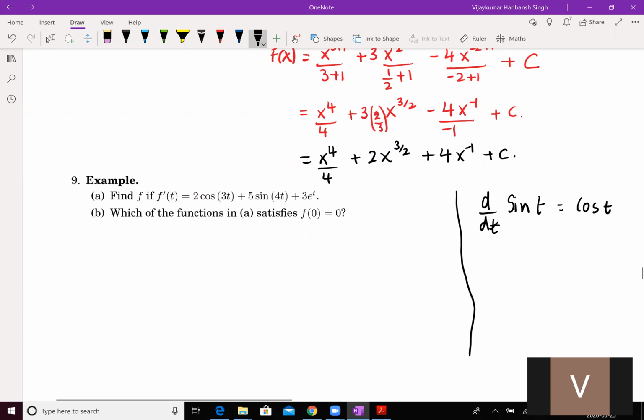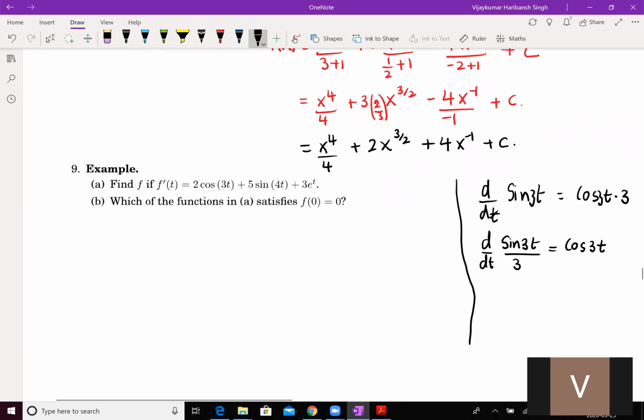So what is the antiderivative of cosine of 4t, or cos of 3t? Let's see. If you look at sine 3t, the derivative of sine 3t is going to be cos 3t multiplied by 3. So divide both sides by 3, and the 3 can come inside the derivative.